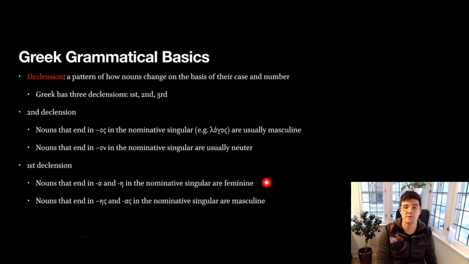Similarly with the first declension, most first declension nouns are going to be feminine. The large majority of Greek nouns in the first declension are feminine, but there is a small group of masculine first declension nouns, and these are going to end in eta, sigma, or alpha, sigma in the nominative masculine singular.